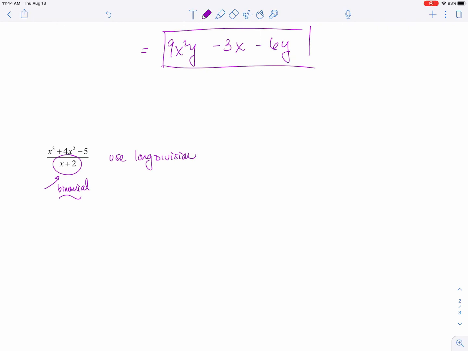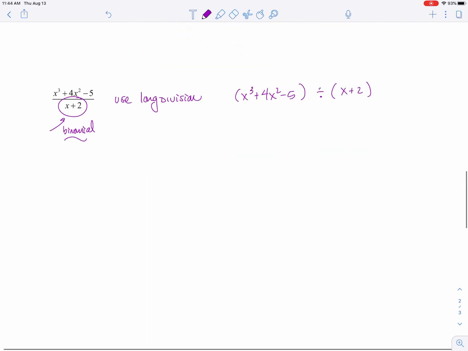What you want to do is maybe rewrite this as x cubed plus 4x squared minus 5 divided by x plus 2. That's one way to rewrite it, but we're going to need to do a couple of things here. If we're going to use long division, we got to rewrite this old school using our old division bar.